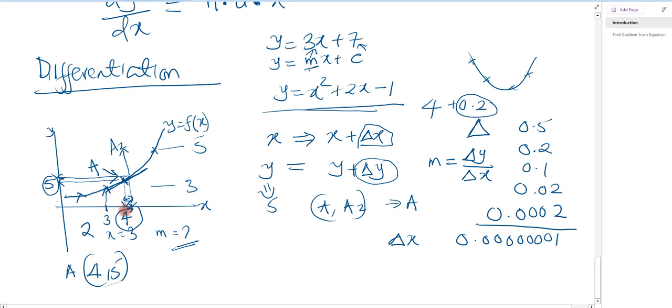Then to the 4, add the small margin. The smaller that margin is, the more accurate your gradient is going to be. So pick any point, add a small margin, and make that margin as small as possible.